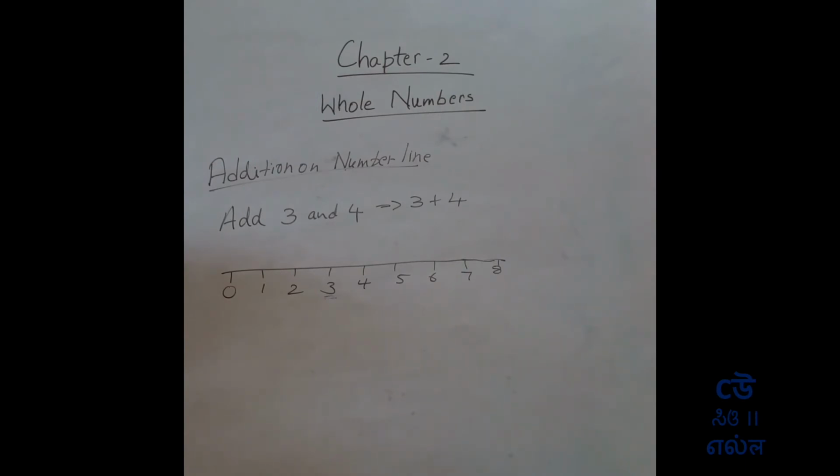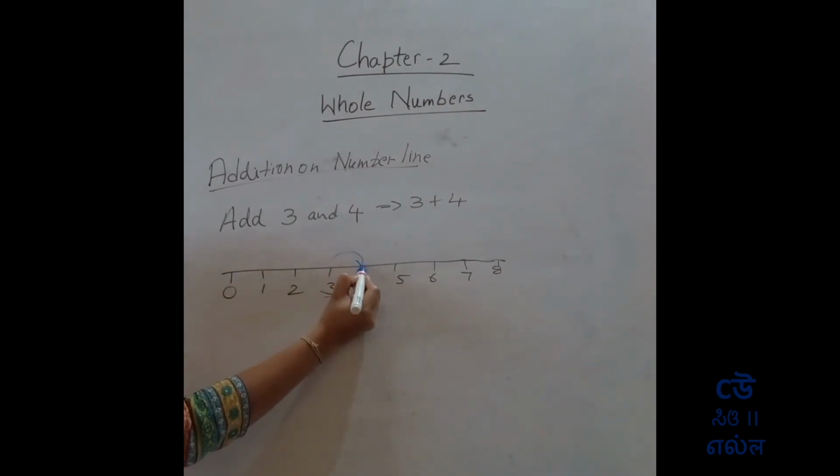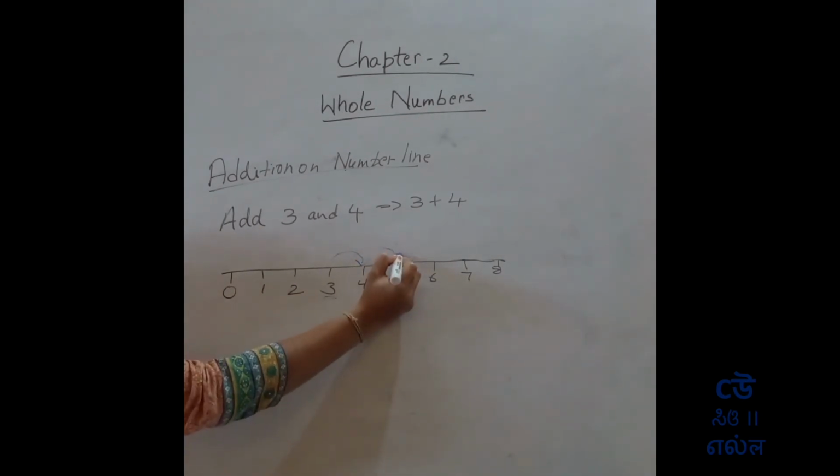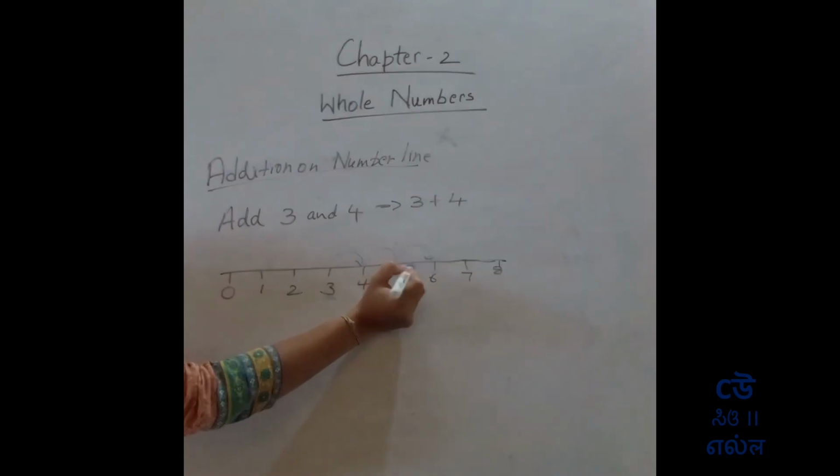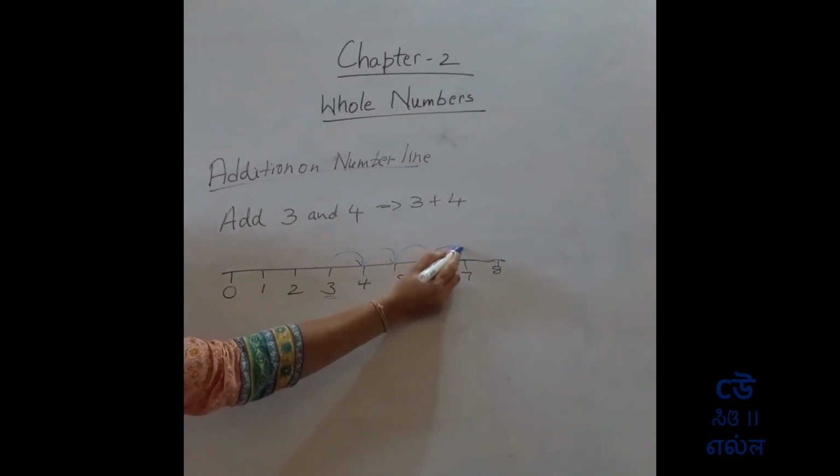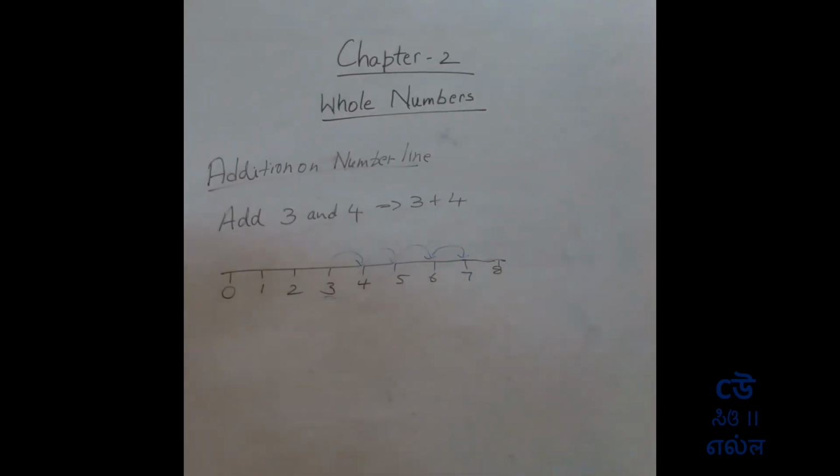So we have to jump 4 numbers to the right. 1 number from 3 to 4, next 2, from 4 to 5, next 3, that is from 5 to 6, next 4, from 6 to 7.